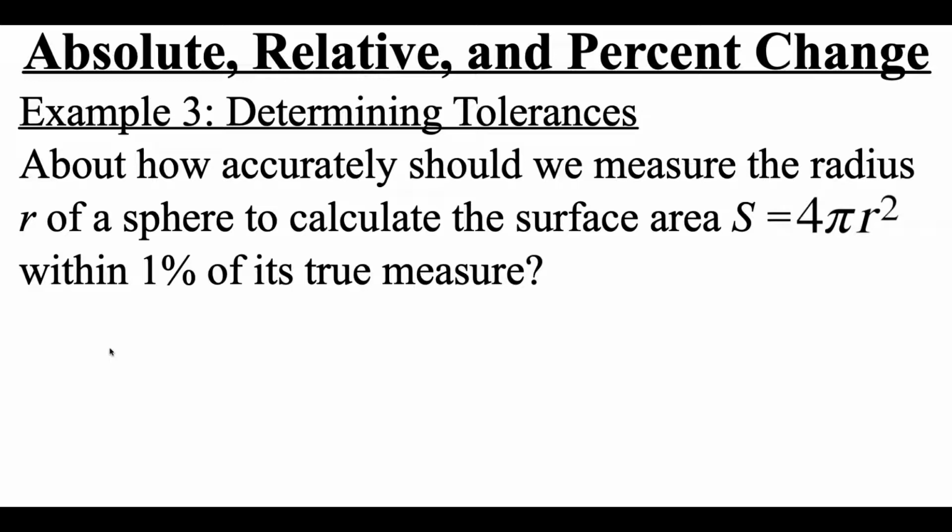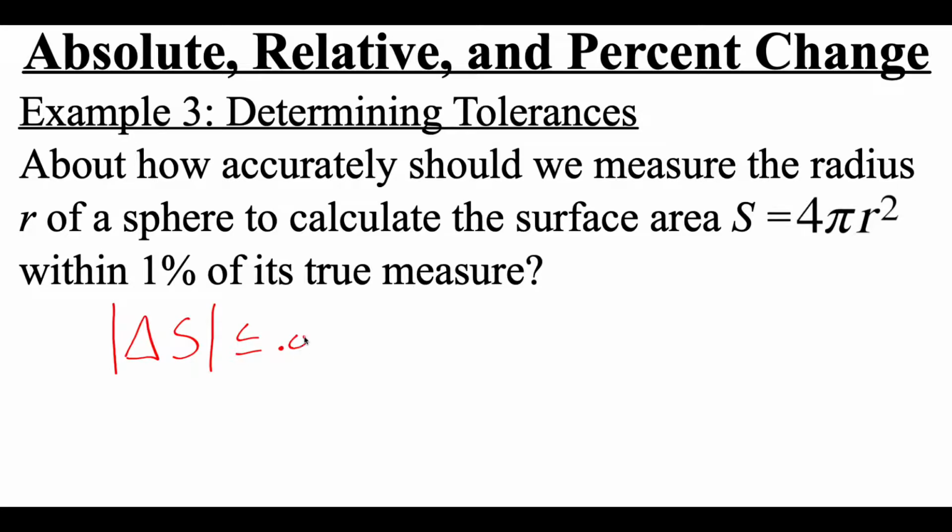So here's what we can say. As we're talking about the true change in our surface area, we want that to be within 1%. So we could be a little bit more or we could be a little bit less. What we're going to do is take the absolute value of this total change to account for either being a little bit over or a little bit under, but we want that to be within 1%, so we can say that we want that to be less than or equal to 1% of the S value.